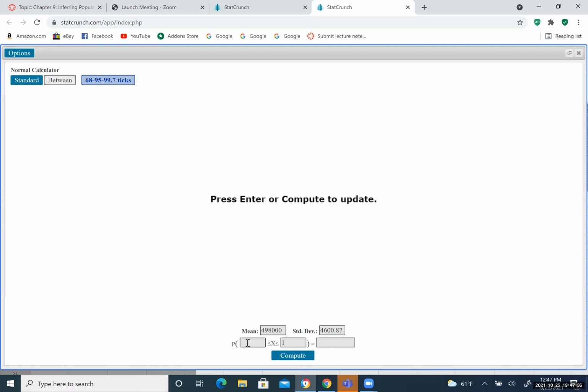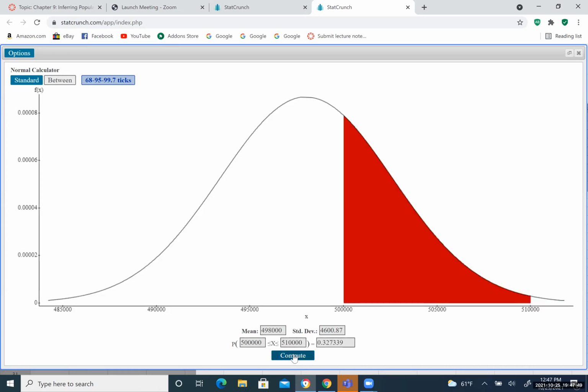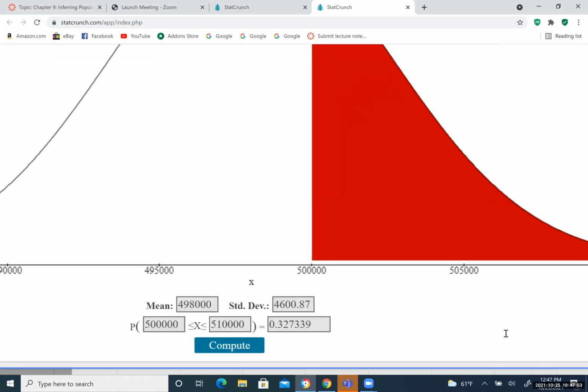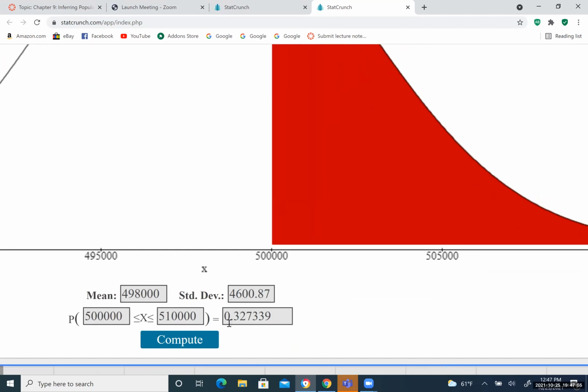And here is from 500,000 to 510,000. Click compute. We have the probability is 0.327339, right? This is the middle area.